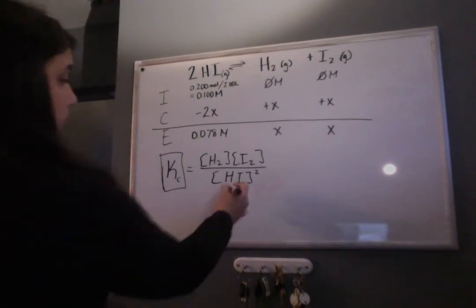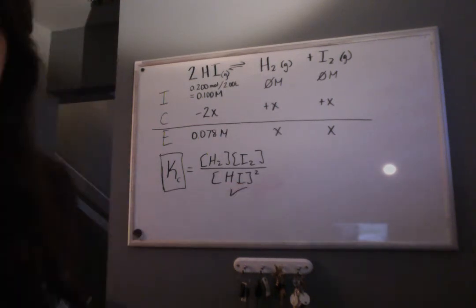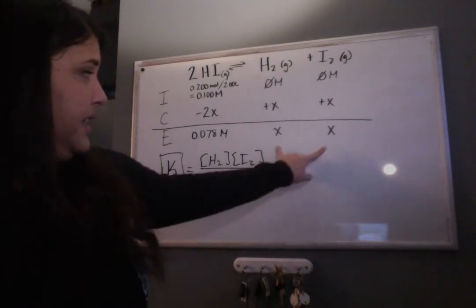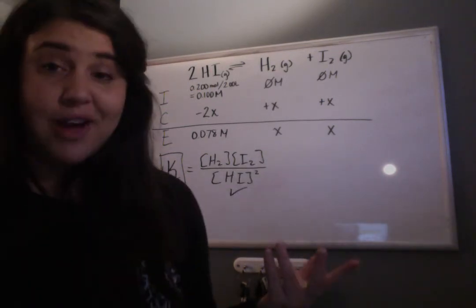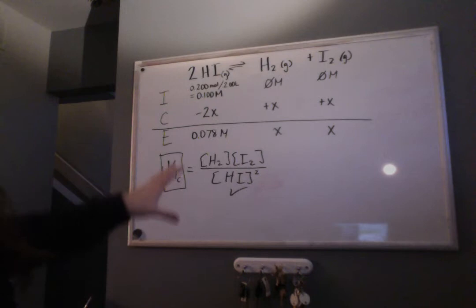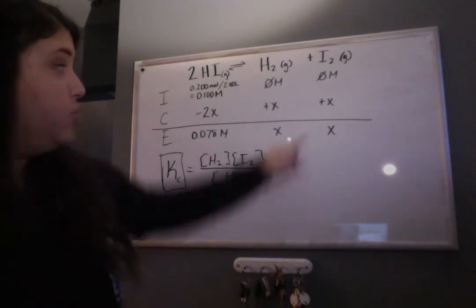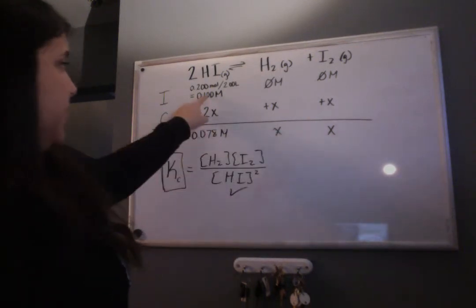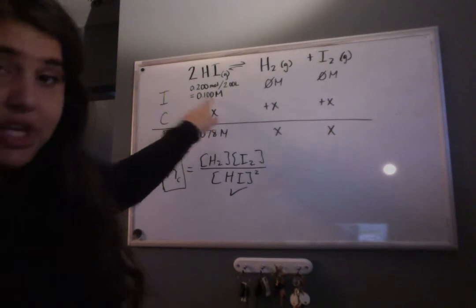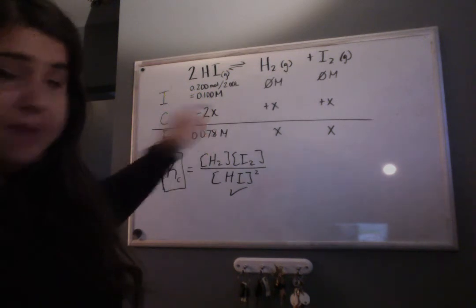At this point, all I have is my concentration of HI, meaning these two x's I have to figure out somehow. The way that I can figure out what that change was is by looking at my initial concentration of HI, my final concentration of HI, and my change.